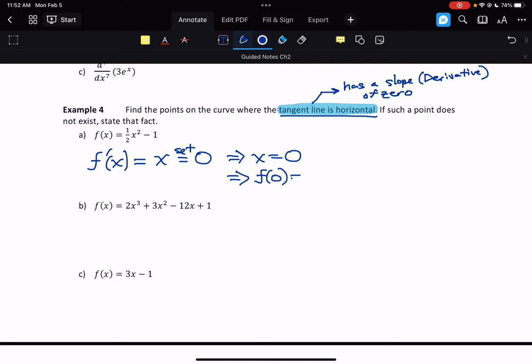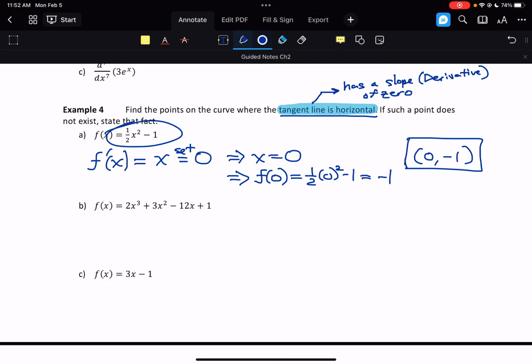So let's find the y value, the output. That's going to be 1/2 times 0 squared minus 1. So that's just negative 1. So at the point (0, negative 1), this curve, this parabolic curve, has a horizontal tangent line. Okay, and that's actually the vertex of that one, so that's like down here. That's where the horizontal tangent would be.